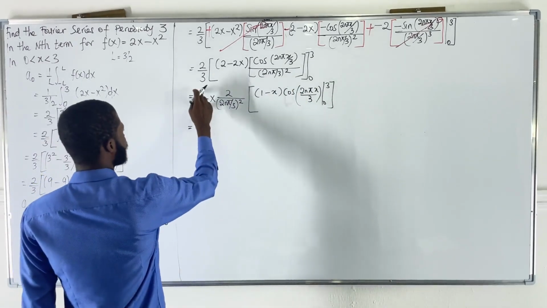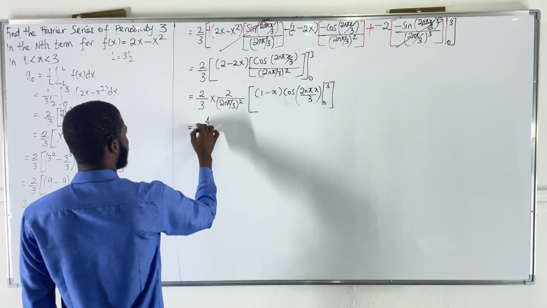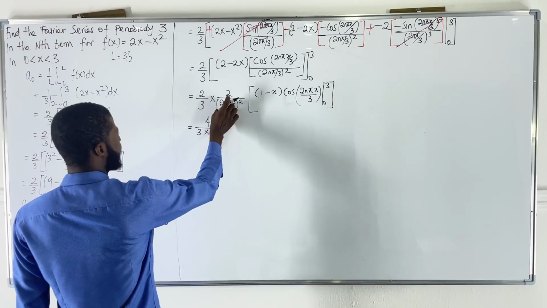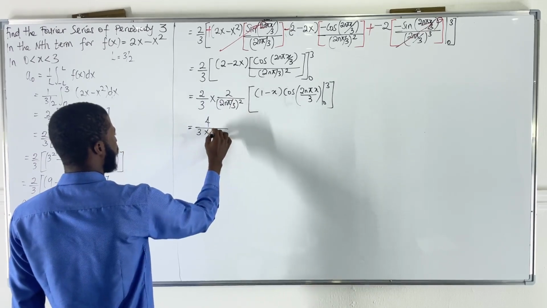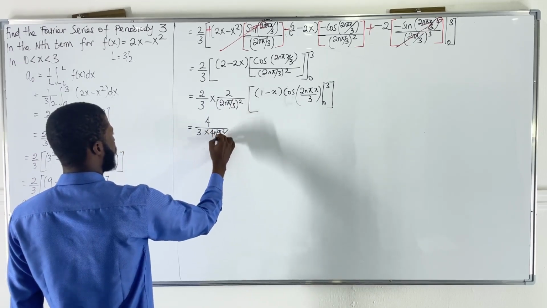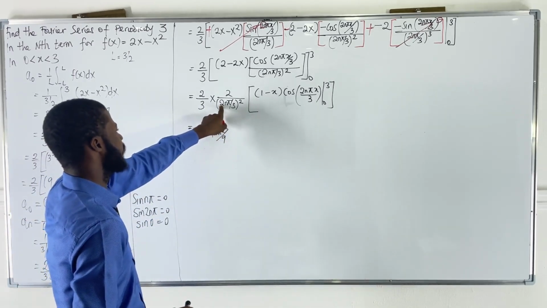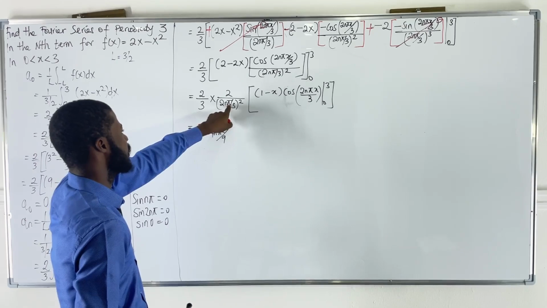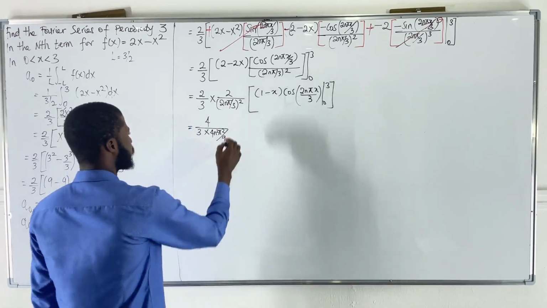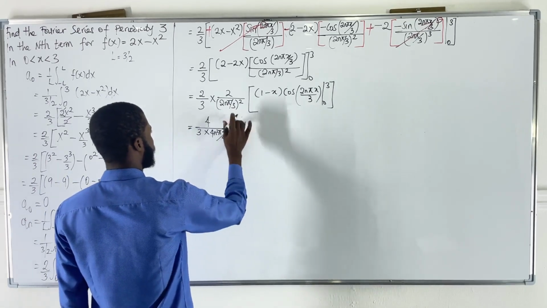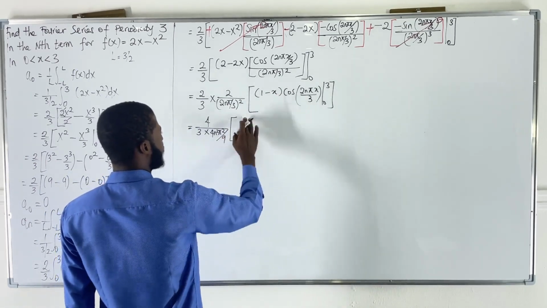Okay. Now this will be 2 times 2, that's 4, over 3 times, I can expand this. So this will be 4n squared pi squared over 9. When you expand it, 2 squared is 4, n squared is n squared, pi squared is pi squared, 3 squared is 9. And then this will be 1 minus x. Let's put in our limit.